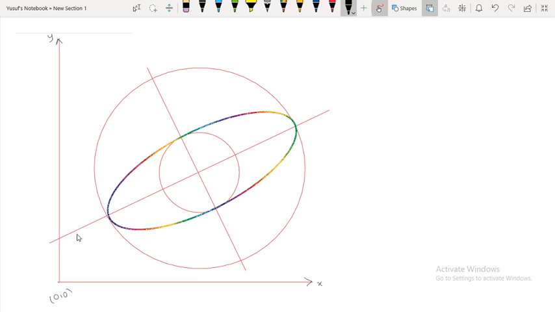This is the major axis of the ellipse, and this is the minor axis of the ellipse. The major axis is inclined at an angle of alpha with the horizontal.